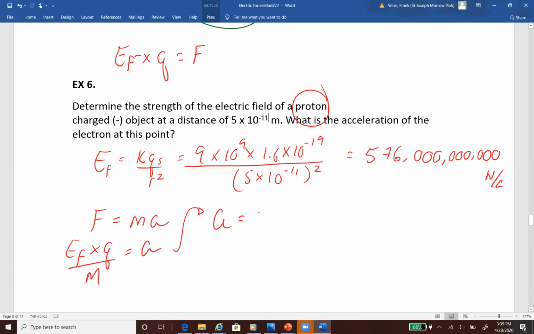Okay, so what would that value be? The electric field strength is 576 billion newtons per coulomb. I really should be putting in exponents.